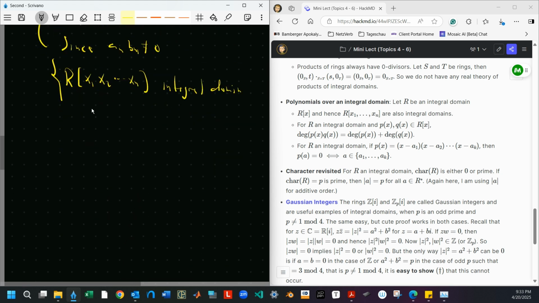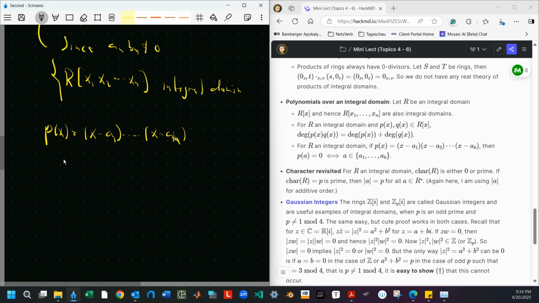One other important thing in this little section is if we have p of x equal to (x minus a_1) through (x minus a_k). We're going to generalize this a bunch in the future.